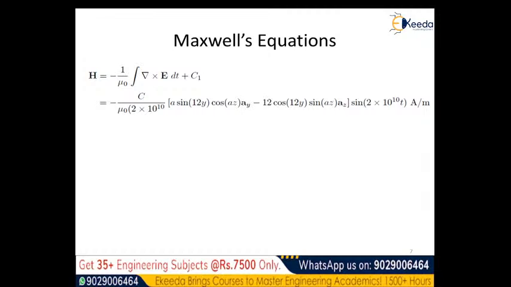By using this expression for capital H, we can find out the curl of H. The formulation according to the rectangular coordinate system, also known as the Cartesian coordinate system, is given here. Del bar cross of H bar, the curl of H, is equal to del y Hz minus del z Hy, and this difference is multiplied by ax, the unit vector.